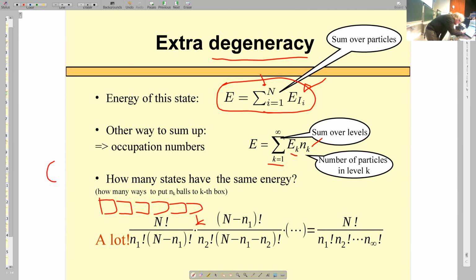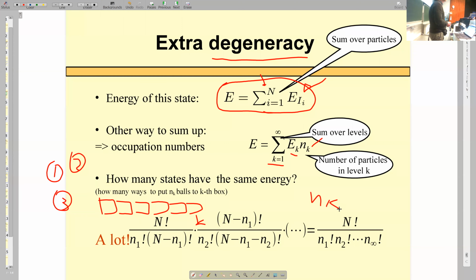And I have balls, like in a lottery. I put balls into boxes in such a way that there are N_k balls in each box. And I have to figure out how many ways there are to do this.